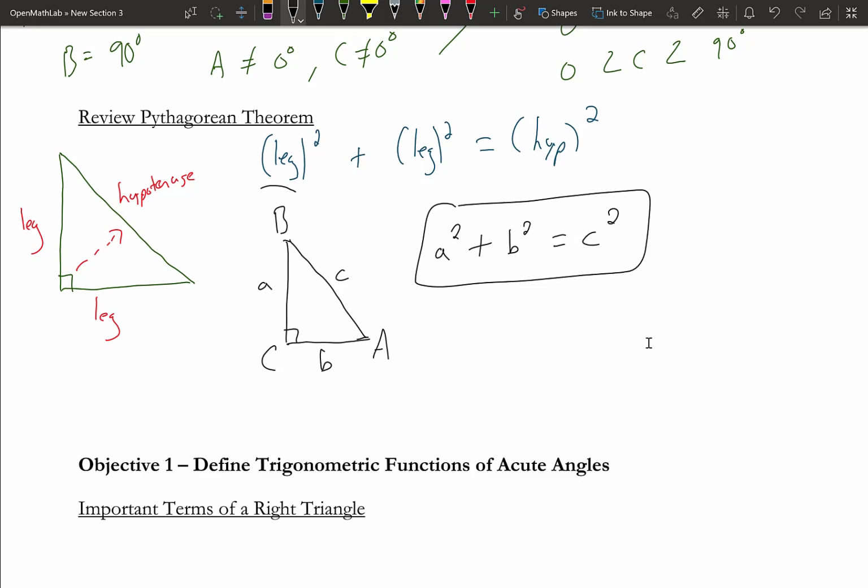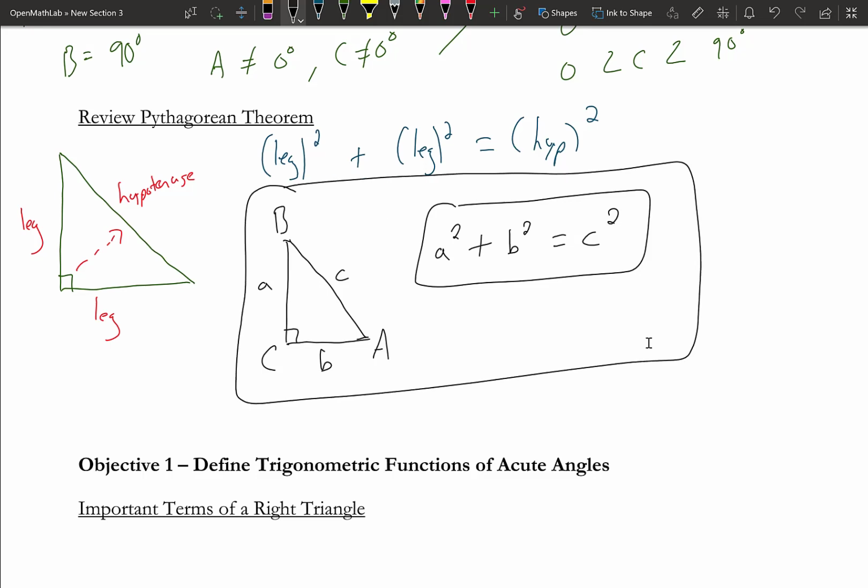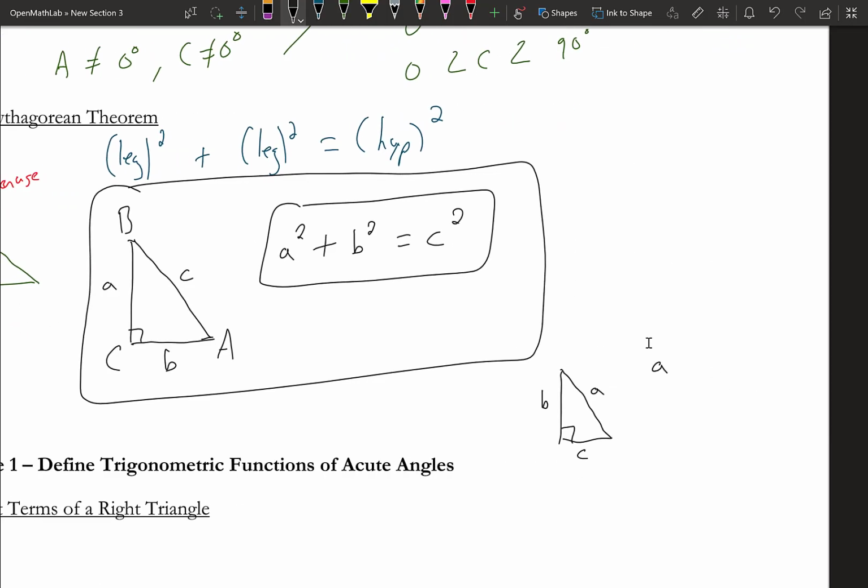So this method, the second way, is probably how it was presented to you, but you just want to be sure that you can't just plug in A, B, and C necessarily. You want to make sure that C is the hypotenuse and A and B are the legs. That's the important piece. Because if I had a triangle and I labeled it like this, where maybe this was side A, this is B and C, then the Pythagorean theorem here would be that A squared equals B squared plus C squared.